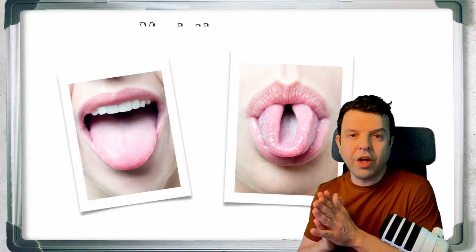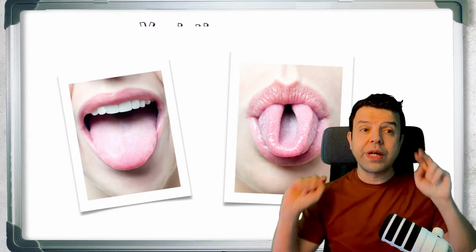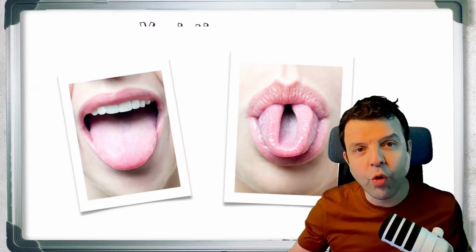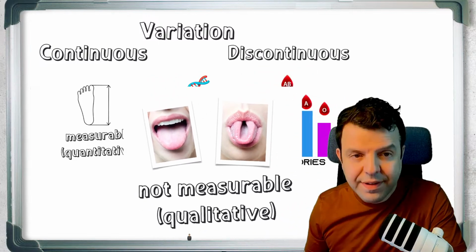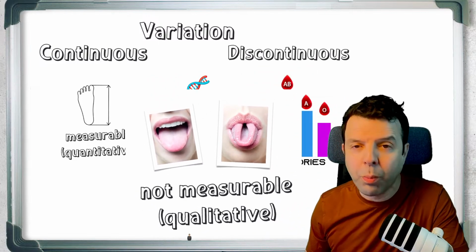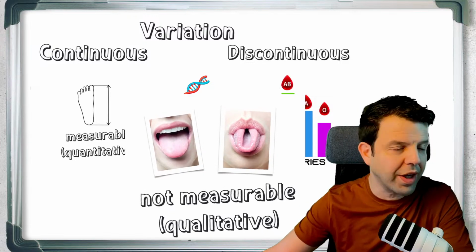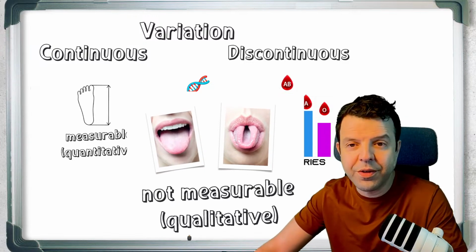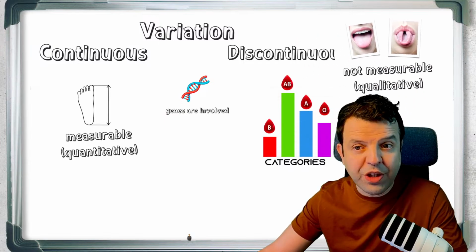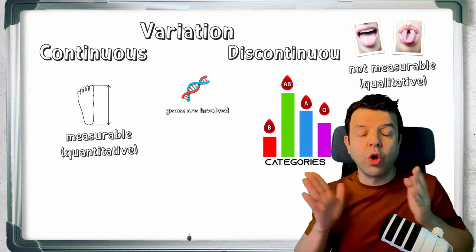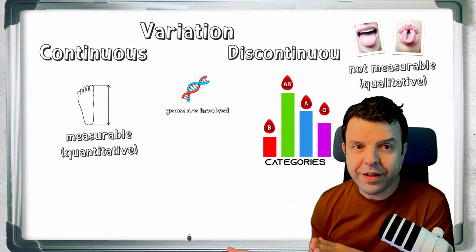So because we have just 2 categories, tongue rollers and non-tongue rollers, then that is a discontinuous feature. Again, you're born with this kind of tongue or that type of tongue, and that's it.